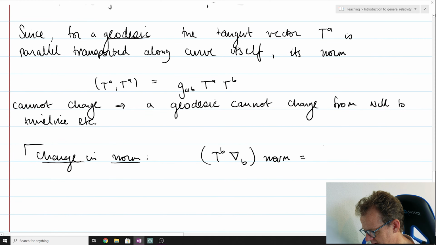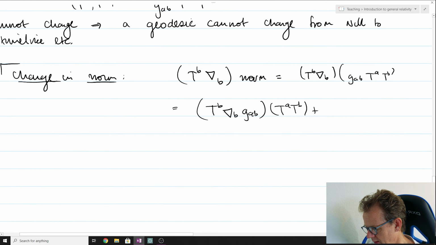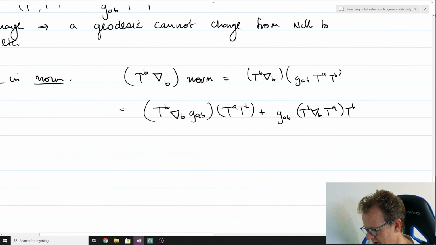But now let's substitute our expression for the norm. So it's T^B ∇_B, and then we get g_AB T^A T^B. And then we apply the Leibniz rule. Eventually, you'll get pretty good at these kinds of computations. Then you get g_AB T^B ∇_B T^A, and then you get a T^B here.